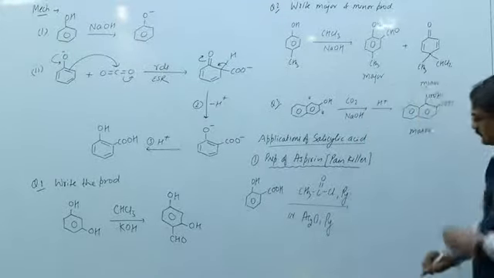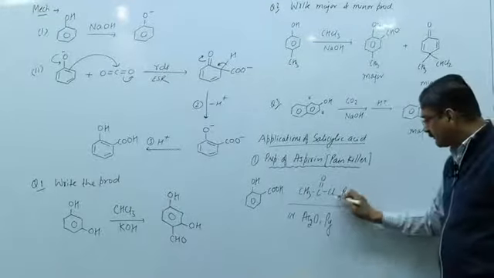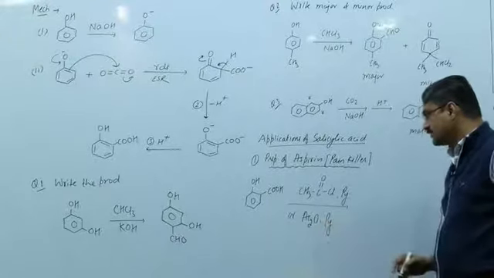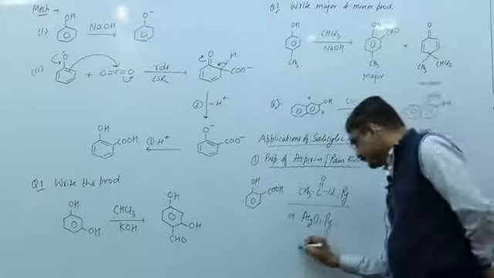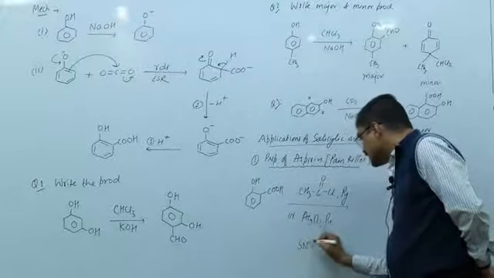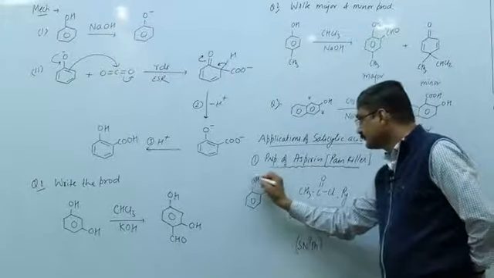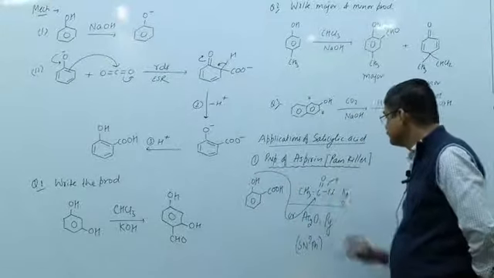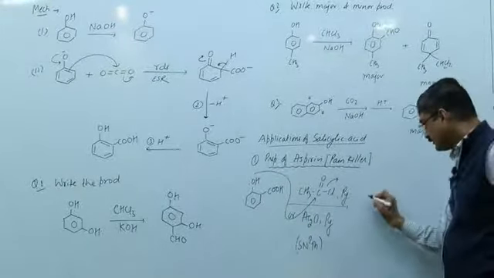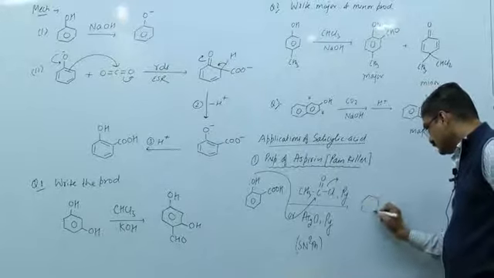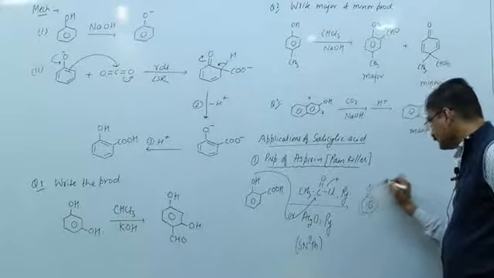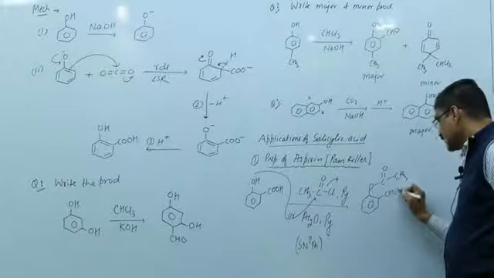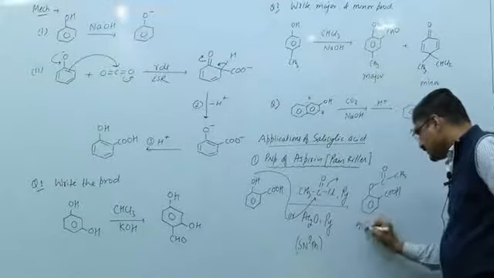You can take both or one of them: acetyl chloride in presence of pyridine or acetic anhydride in presence of pyridine. So SN2 type reaction takes place by the oxygen of phenol and aspirin is obtained.